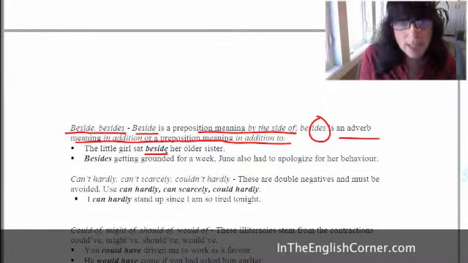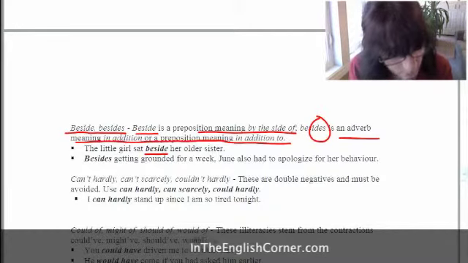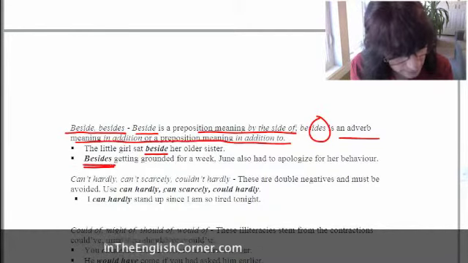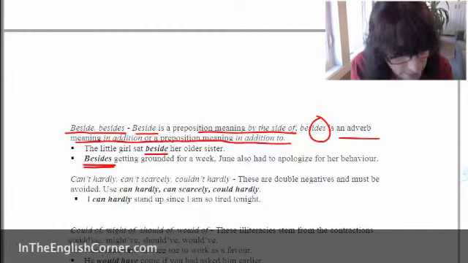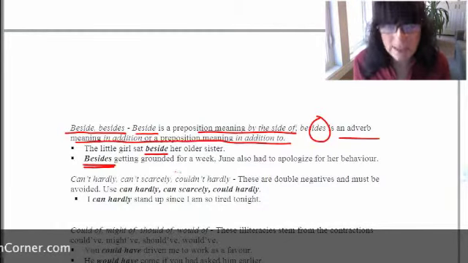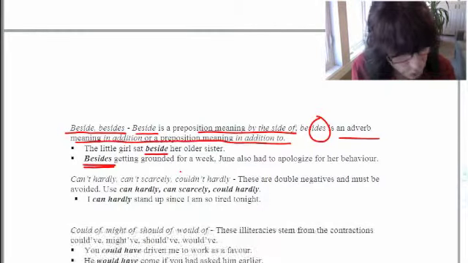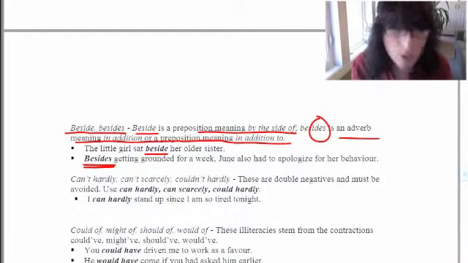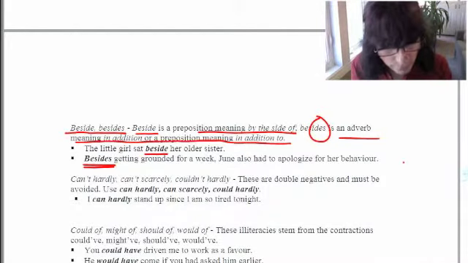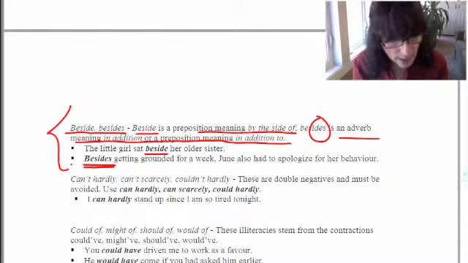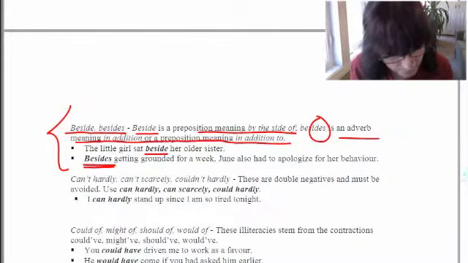That means by the side of. But besides, with the S, meaning in addition to: besides getting grounded for a week, so in addition to being grounded for the week, June also had to apologize for her behavior. So two very different meanings, and just differentiate between beside and besides.